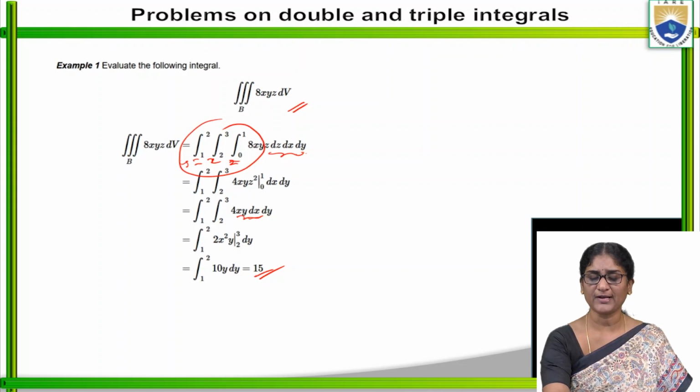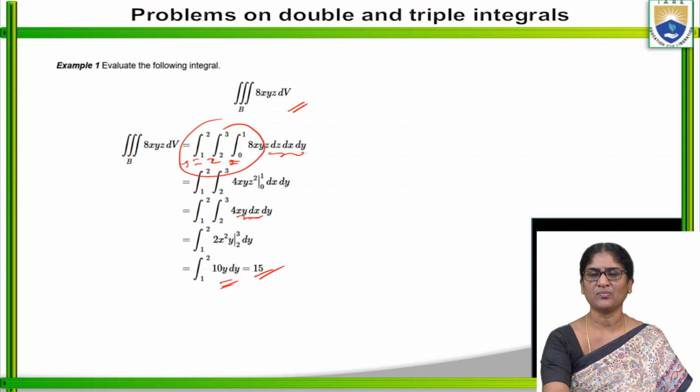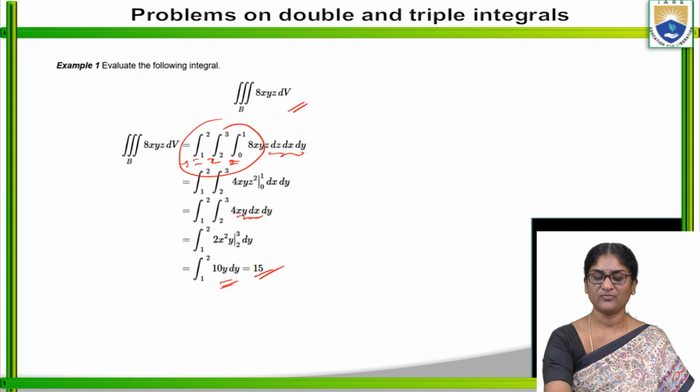Upon integrating y, you get y², apply the limits, and y is also eliminated, leaving a function in terms of x. Any variable can be taken first, there is no harm, because we don't get wrong solutions since these three are fixed limits.